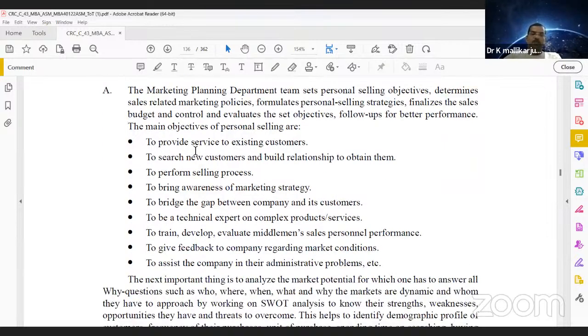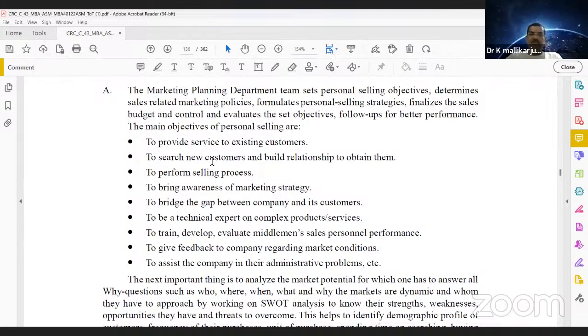So, to provide service to existing customers, to search for new customers and build relationships, to perform the selling process, to bring awareness of marketing strategies, to bridge the gap between the company and the customer, right? To fill the gap. The sales force people fill the gap between the company and the customer.